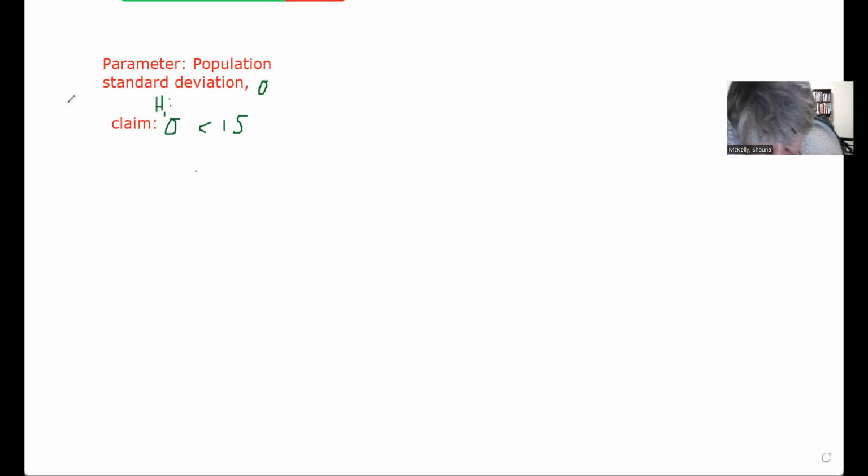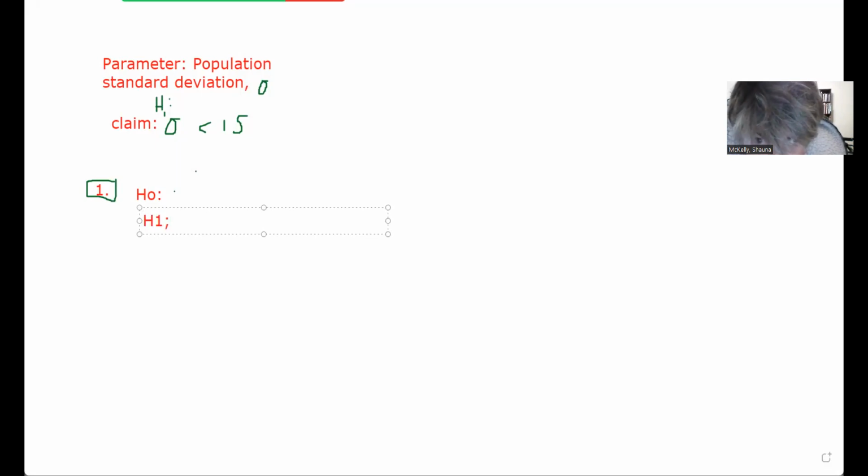So when you do your hypothesis test, step 1, remember, put your step numbers in a box. These will be boxed for you on the quiz or the exam, but if you're doing the homework, box these. So this is your statement. Here we have H0 and H1.